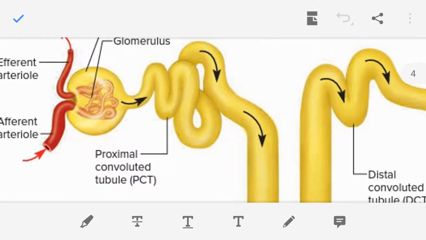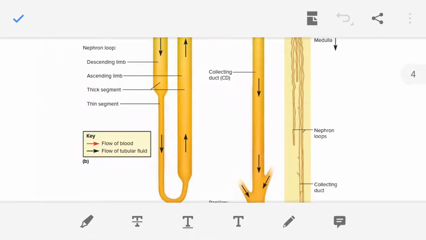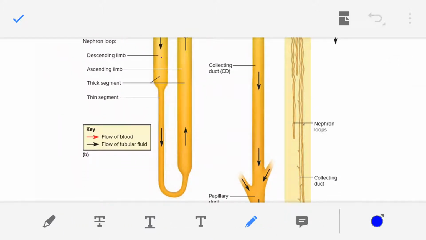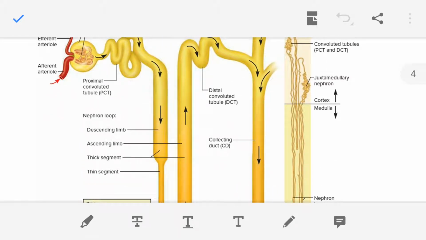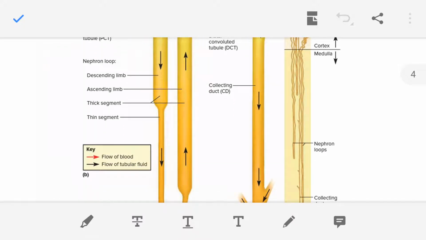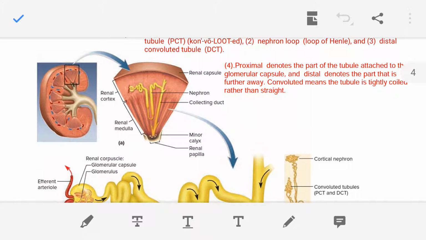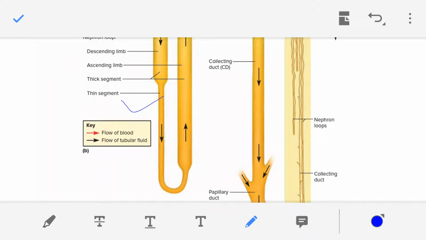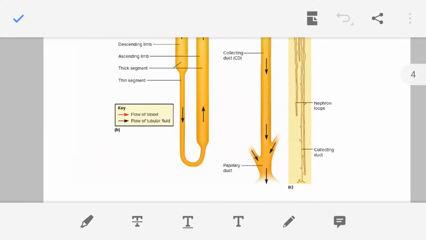Then this U-shaped portion, this entire portion, is known as the loop of Henle, or the nephron loop.